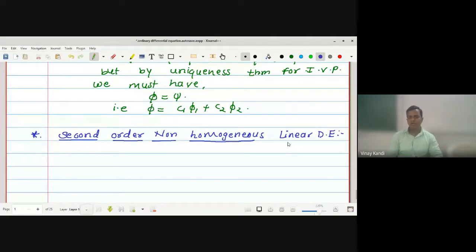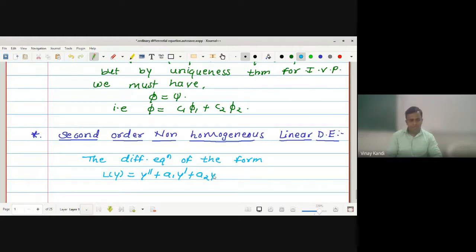Look at the second order non-homogeneous linear differential equation. The differential equation of the form L of y is equal to y double dash plus a1 y dash plus a2 y is equal to, not zero here, b of x, because we study non-homogeneous linear differential equation.